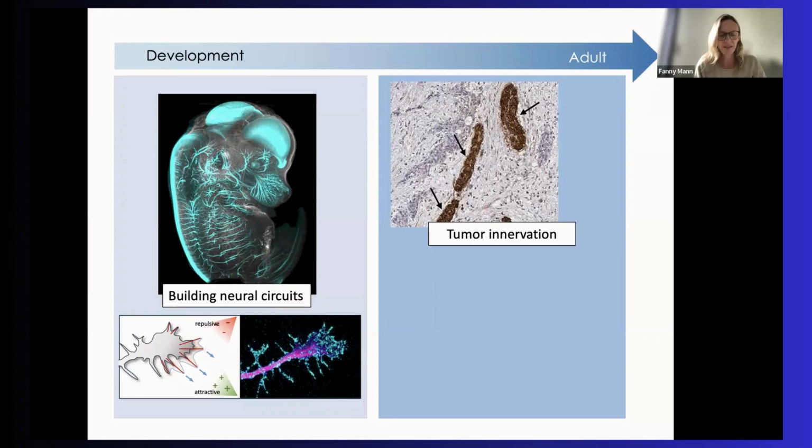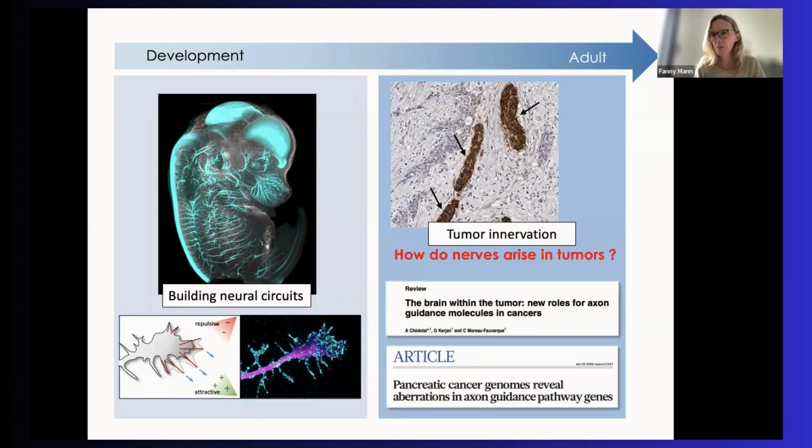So this raised interesting questions about the origin of these intratumoral nerves and whether the tumor might be able to co-opt some of the developmental mechanisms of axon growth and guidance in order to attract new nerves and to promote their own innervation. And this hypothesis is supported by the findings that axon guidance molecules that contribute to the establishment of neuronal projection during embryonic development are often re-expressed in cancer.